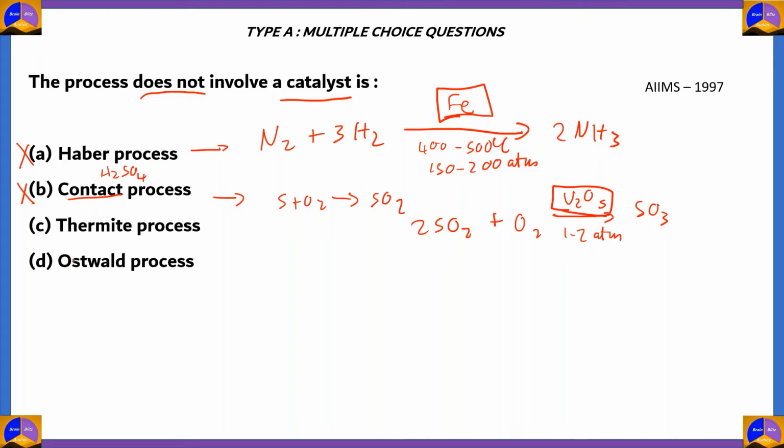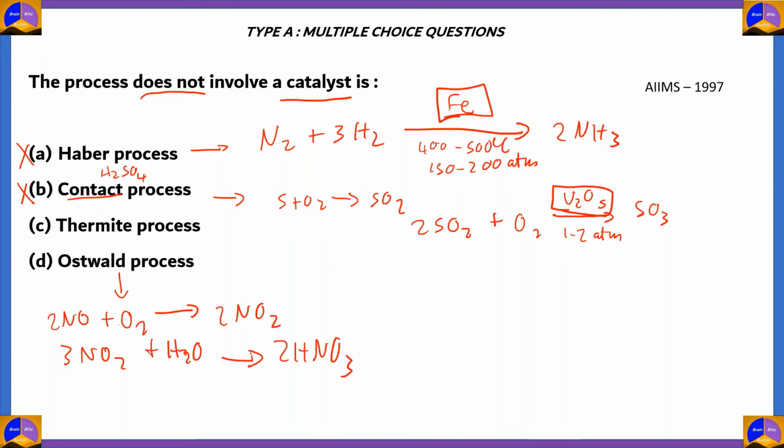What about option D, Ostwald's process? Now, Ostwald's process is basically the production of HNO3. So 2NO plus O2 gives rise to 2NO2. And then 3NO2 plus H2O gives you 2HNO3.